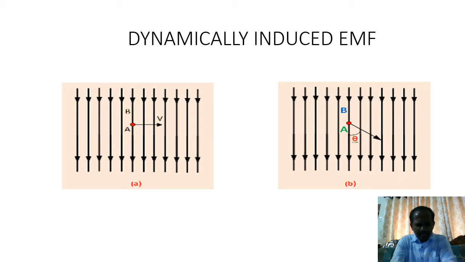We assume this is the field, and the armature coil is placed here, which rotates in the magnetic field and cuts the flux with respect to time.